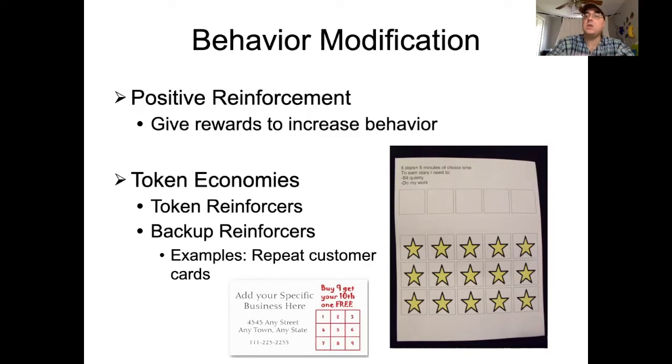But here's the thing, you always want to start with the rewards. You want to find a way to catch, recognize, and reward behavior that you want to see before you do anything else. That means that positive reinforcement, if you can manage to do it, is a great way to start off a behavioral program.